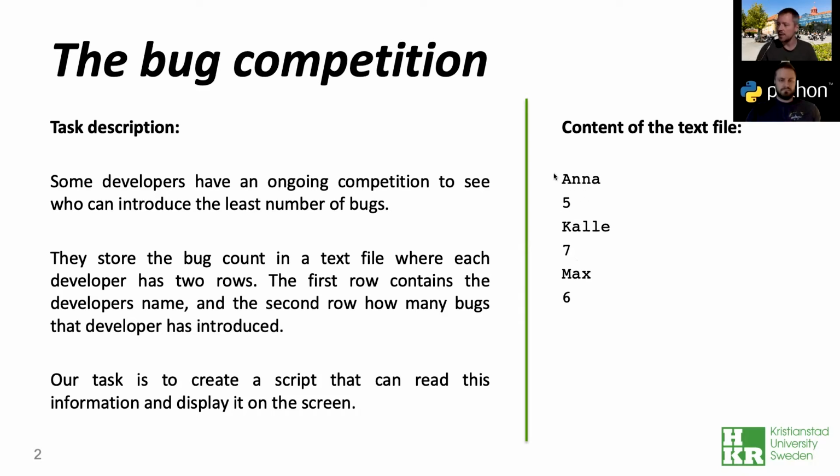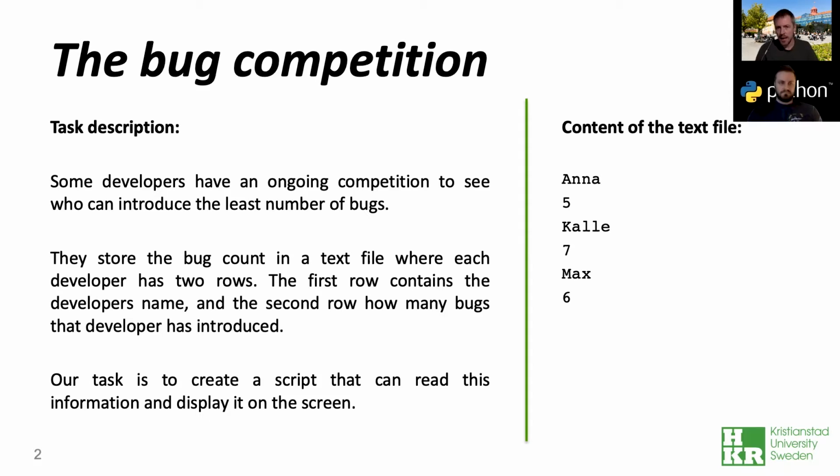So we have each developer and how many bugs they have introduced. So Anna has 5, Kalle has 7, and Max has 6 bugs currently. And our task is to create a script that can read this information from the text file and display it to the screen. So that is what we are going to try to do.